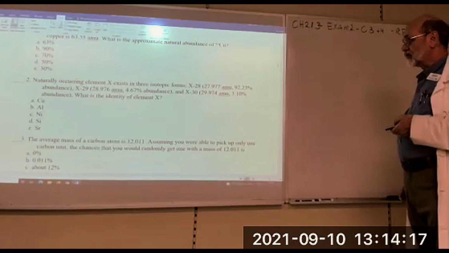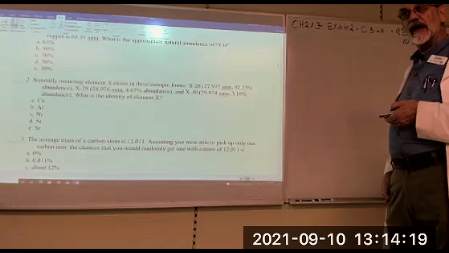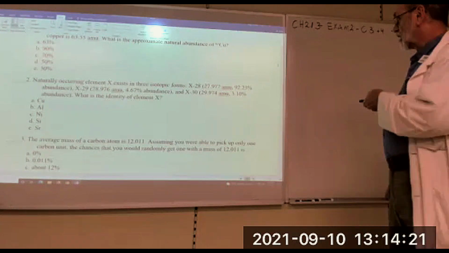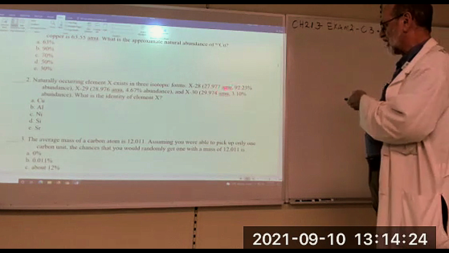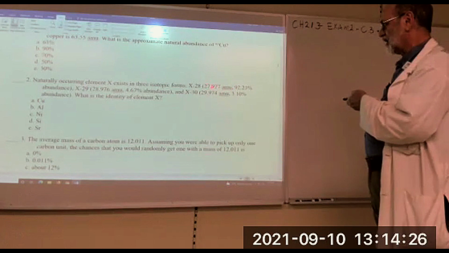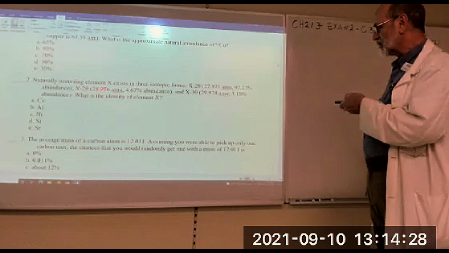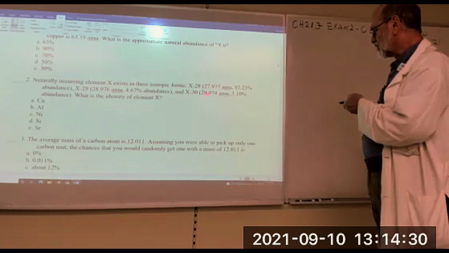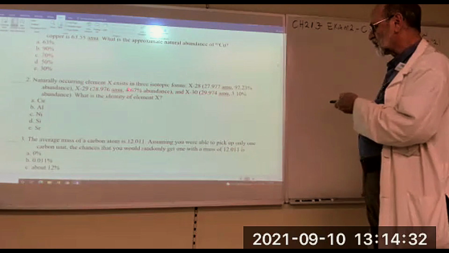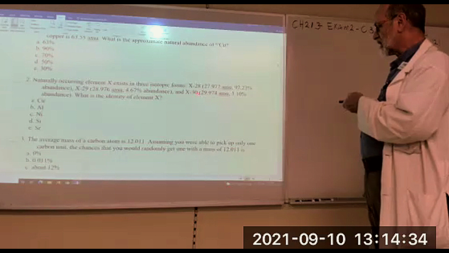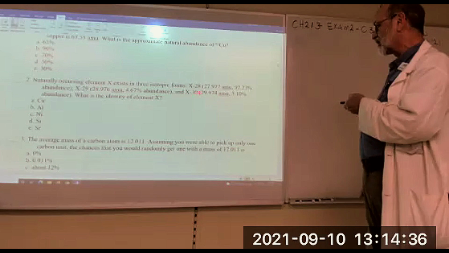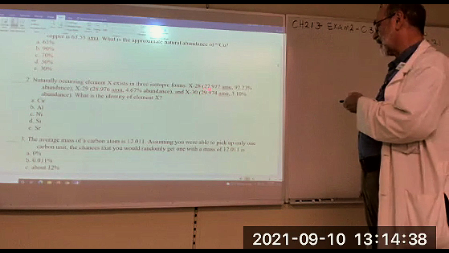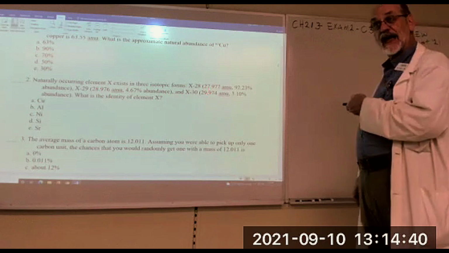But my guess is we could probably get close to it without even doing the calculations, right? Because look here, this one's 92% 27.9. This one's a little heavier, and this one's more, but they're small abundance. So I'd say it kicks it up maybe 10% at max. So 27.9, 28.9, or 29.